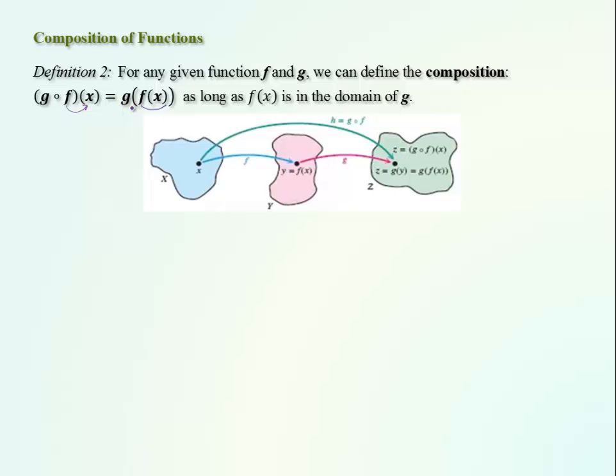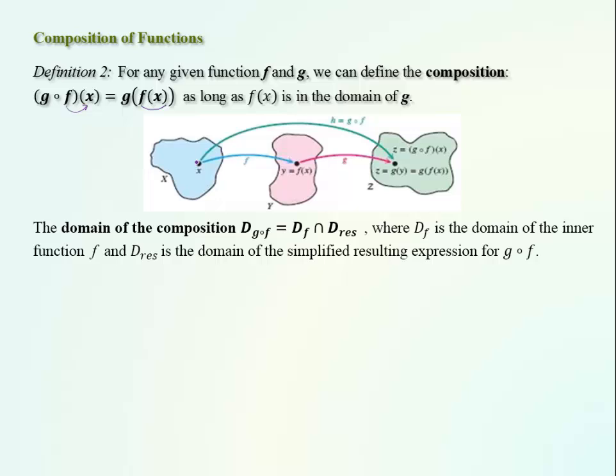Now, this can be done as long as f of x sits actually in the domain of g. That means as long as f is actually bringing the point into the pink region, not somewhere else outside of the pink region, if the pink region is the domain of g.